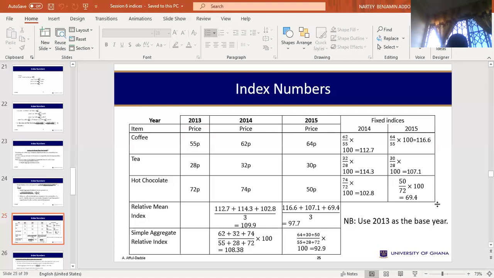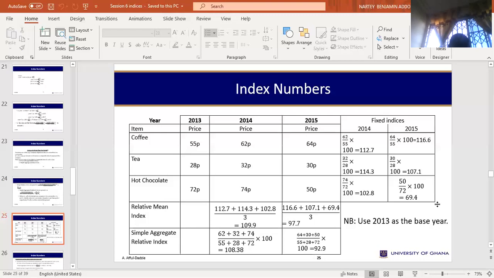Then the simple aggregate price index will be the summation of Pn over the summation of P0 times 100. And then the simple aggregate quantity index will also be the summation of Qn over the summation of Q0 times 100. And this method normally has some disadvantages.